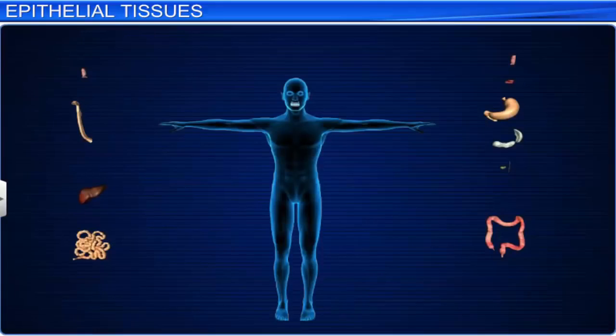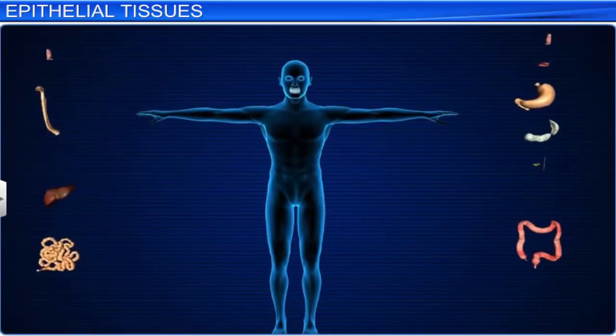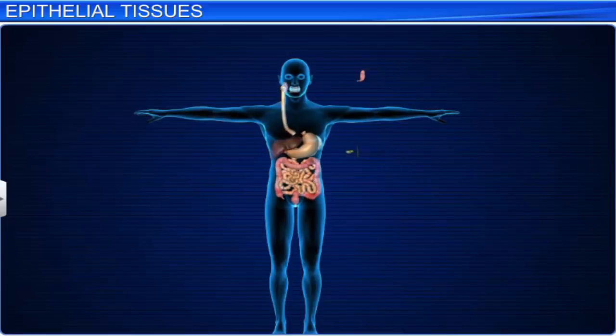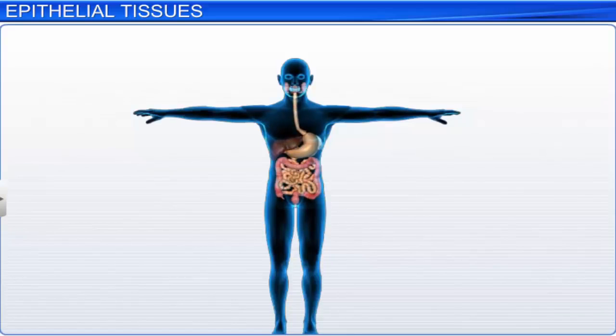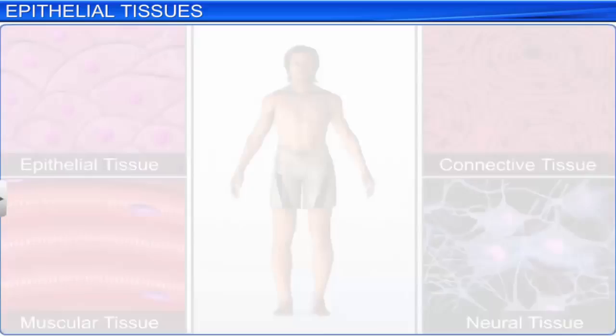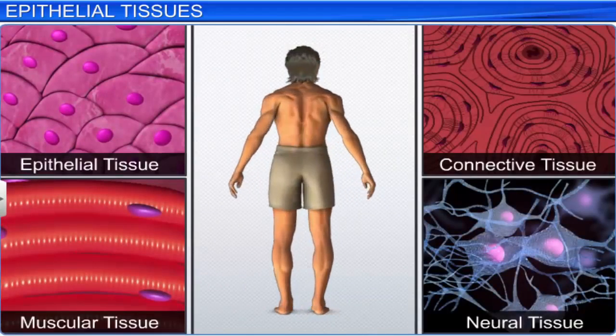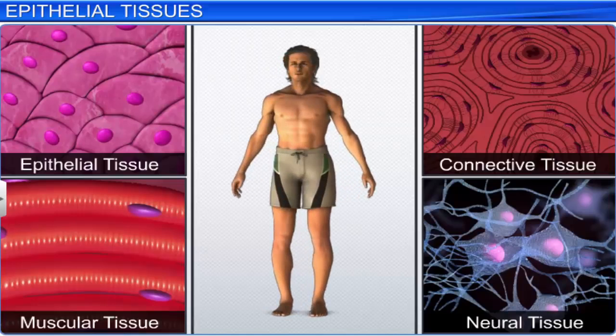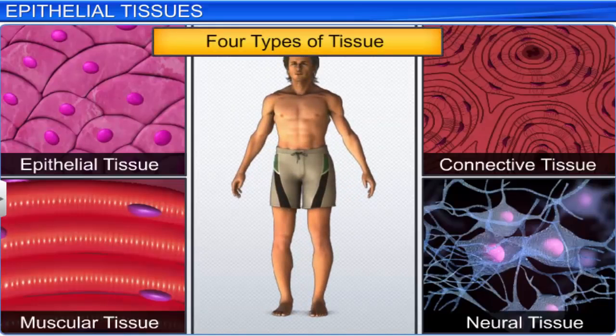Sometimes, 2 or more organs interact physically or chemically to perform a common function. Such organs together form an organ system, such as the digestive system or the respiratory system. Based on function, animal tissues are broadly classified into 4 types, namely epithelial, connective, muscular, and neural.